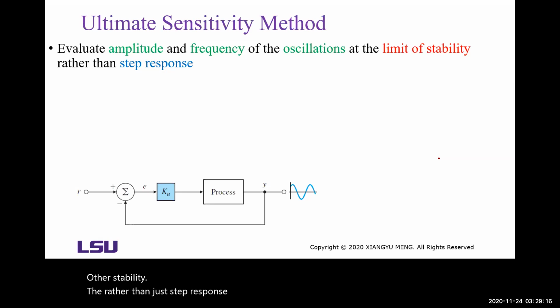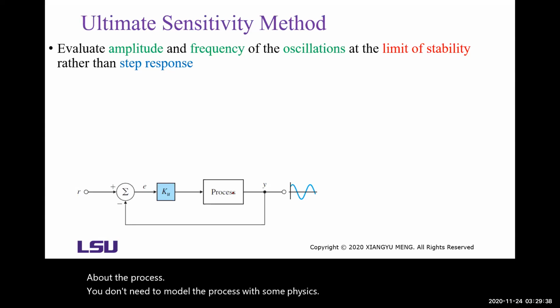The idea is we work on the closed loop system, not the open loop system, at the beginning. Again, we assume we have no knowledge about the process. We don't need to model the process based on physics.